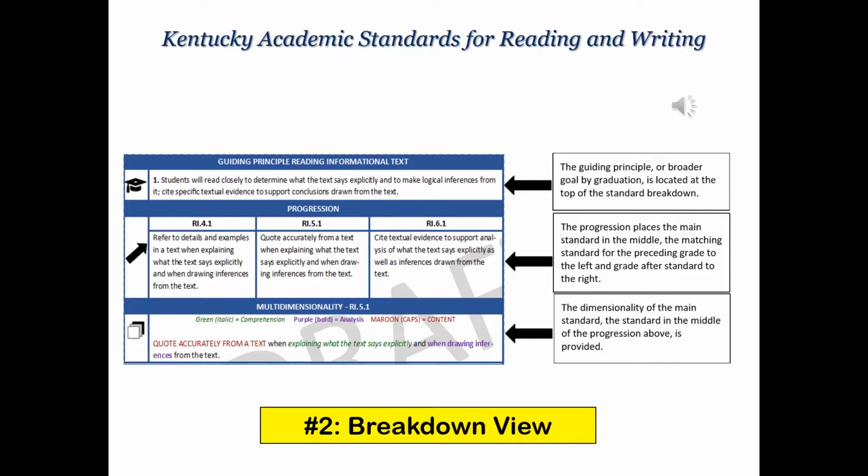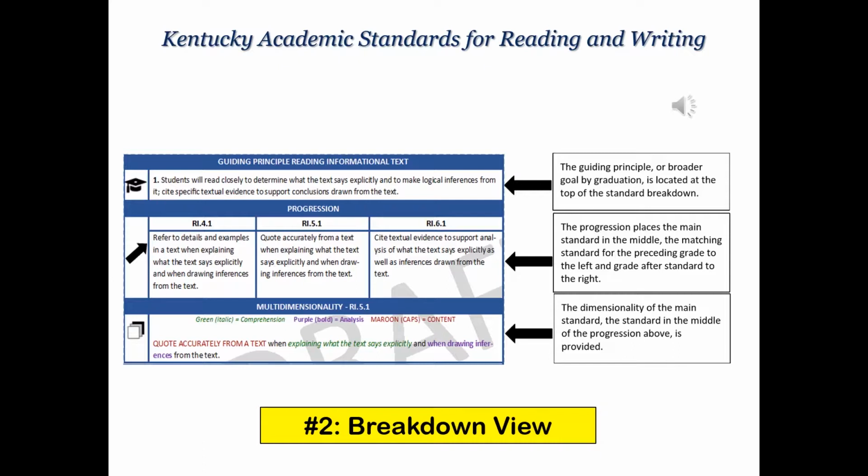You can't teach kindergarten without saying who, what, when, where, and why. So formative assessment probably would show a 2nd grade teacher that kids still are struggling with why and how. So we don't beat a dead horse to death. If they already know the other 3, let's focus my instruction on getting them to the next level. And before, we had to go to that big document that had K through 12 on it, as we showed you earlier. Now you have it right here in front of you.